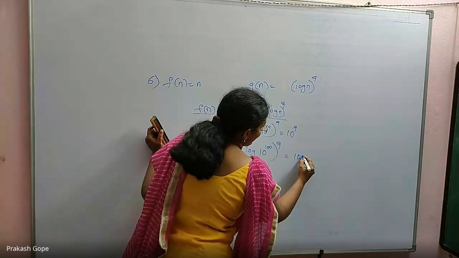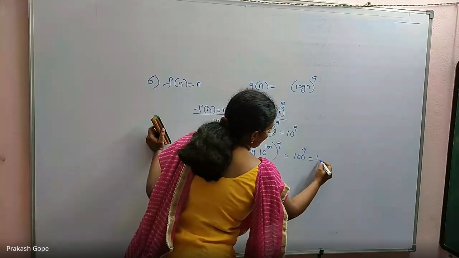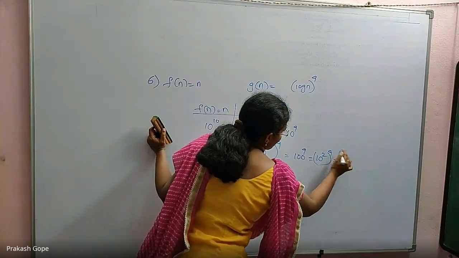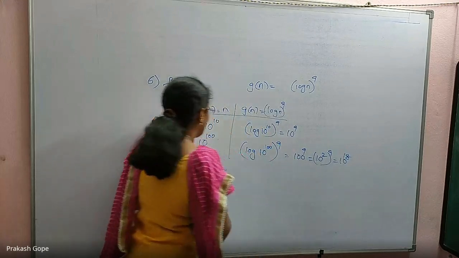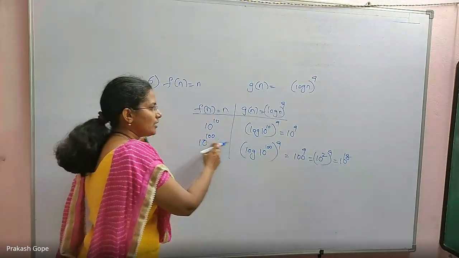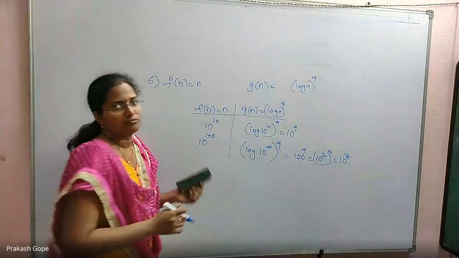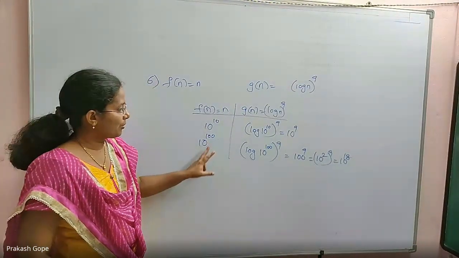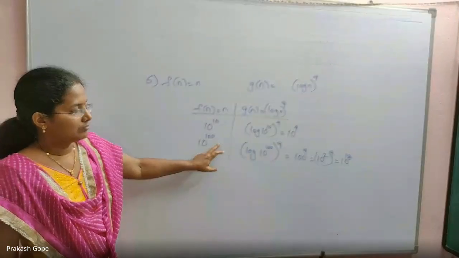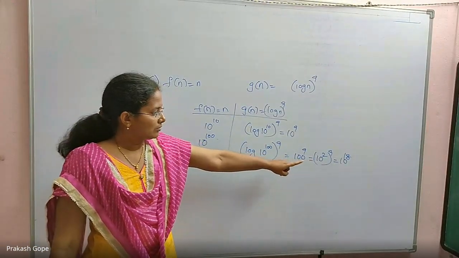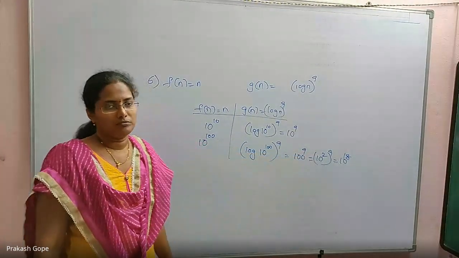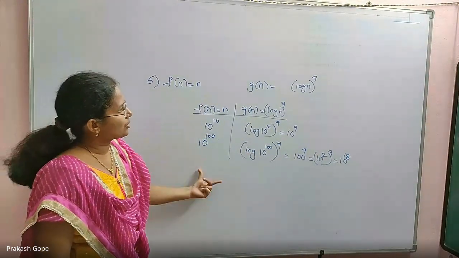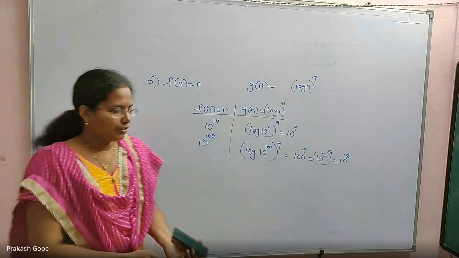So 100 power 9, which means 10 square power 9, that is 10 power 18. This is 10 power 100, this is 10 power 18 only. So this is much bigger. So f of n function is much bigger than g of n function.